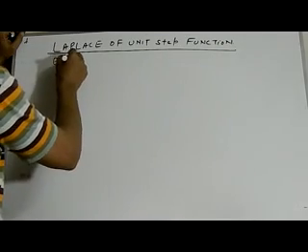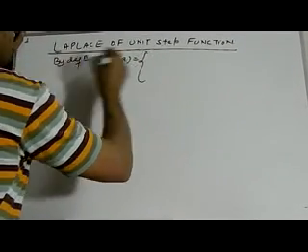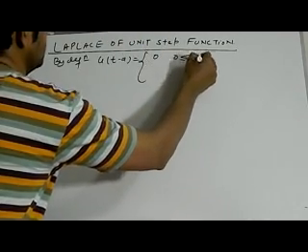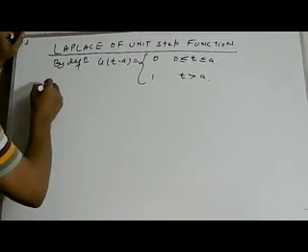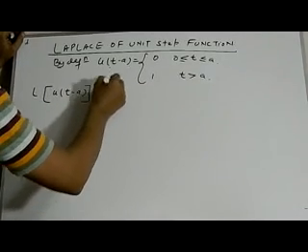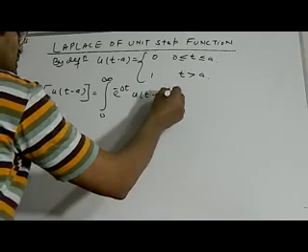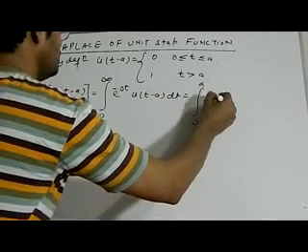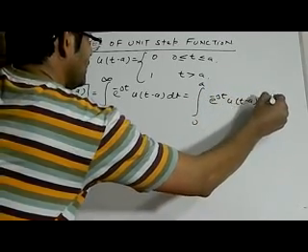By definition, u(t minus a) is simply, what was the case? 0, and it is 1 when t is bigger than a. So the L of u(t minus a) should be the integral 0 to infinity of e to the power minus st u(t minus a) dt, which is the same as the integral from 0 to a of e to the power minus st u(t minus a) dt.